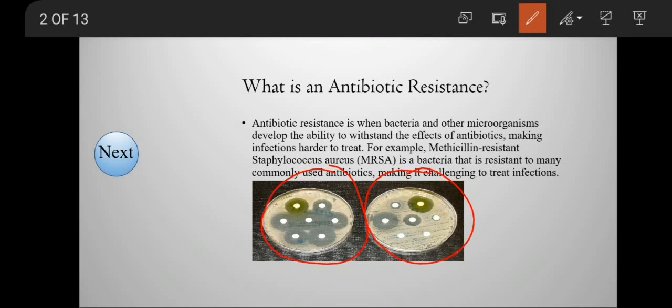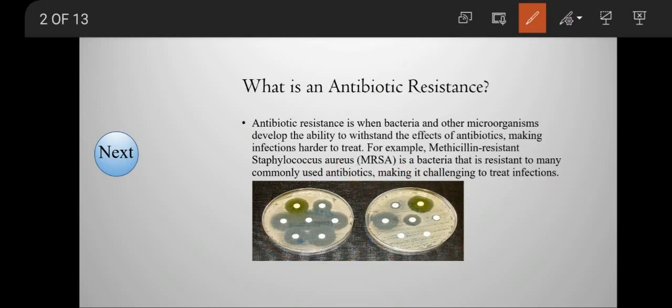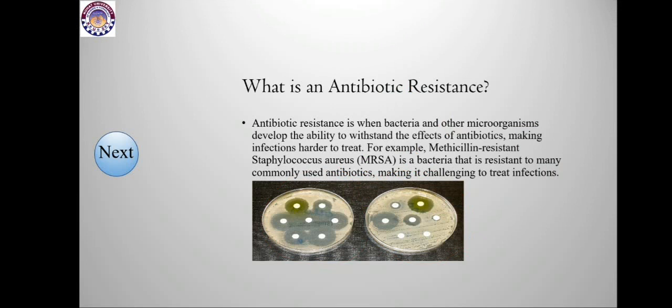It's actually the bacteria that got the resistance against them. The antibiotic discs are working perfectly, but the bacteria have resistance against them. That's why there are no more zones of inhibition. That's problematic for us, because we cannot treat the infection anymore if the antibiotics are not working on these bacteria.